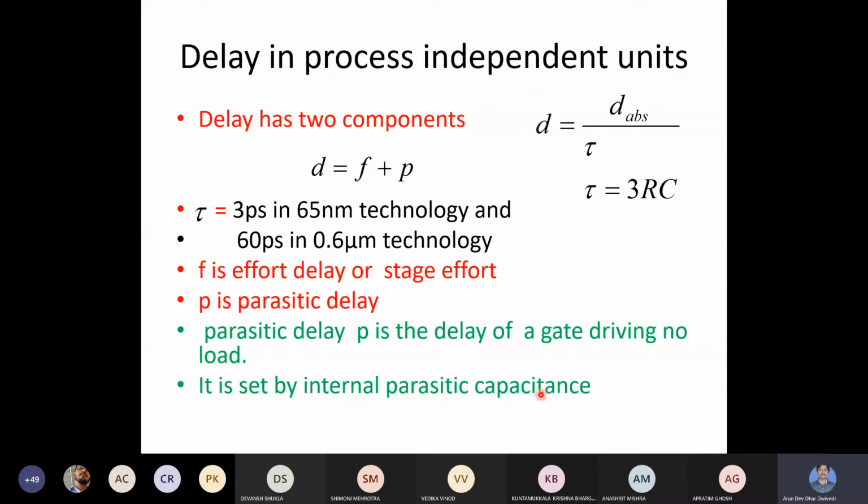So basically this delay D has two parts, F plus P. F is called effort delay. How to calculate effort delay, that we will see later on. And P is called parasitic delay, which is dependent on the internal capacitances of the transistors in that gate.